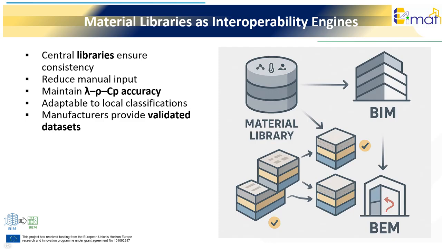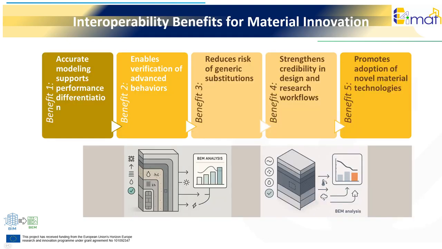When these datasets originate from validated sources, such as product manufacturers, the reliability of the entire BIM to BEM chain increases substantially. For innovative materials, interoperability is not only a technical requirement, but a key factor in demonstrating performance differentiation.